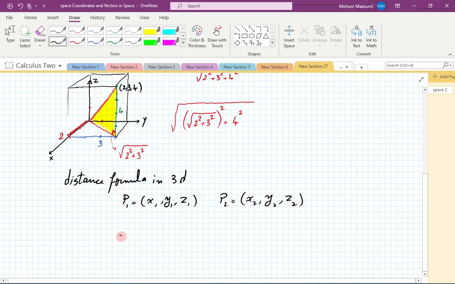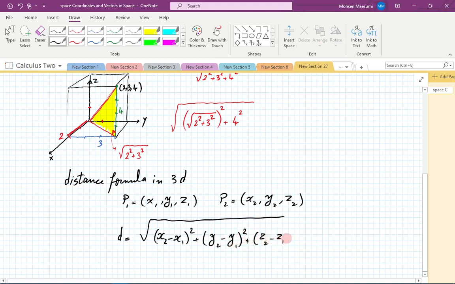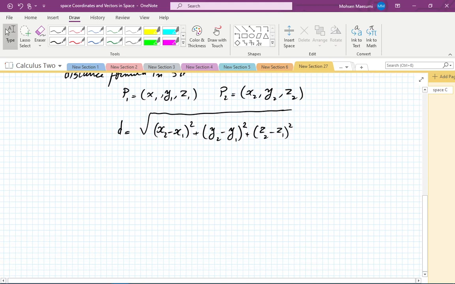The distance between these two, just like in ordinary algebra classes, you have to take the differences. Now you have 3 of them, and you take each difference, square it, add them up, and take the square root. That's going to be our distance formula.